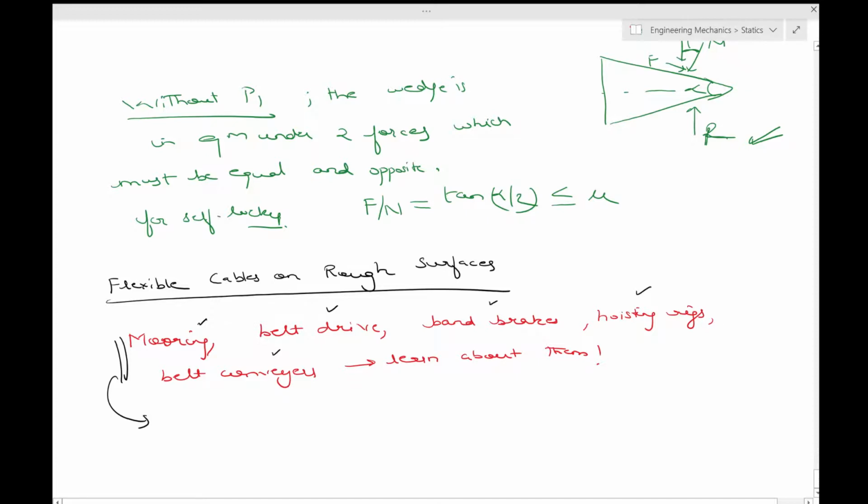You should be looking at either pictures or videos from the internet to exactly understand what these are and how they involve flexible cables on rough surfaces. You should move ahead only after seeing this. So please pause the video right now.